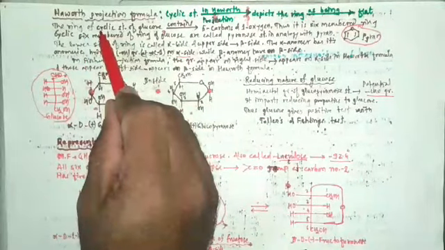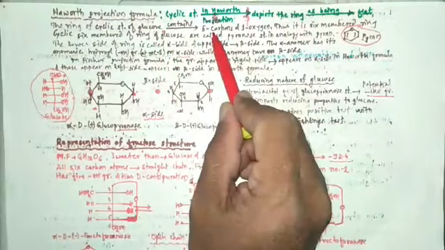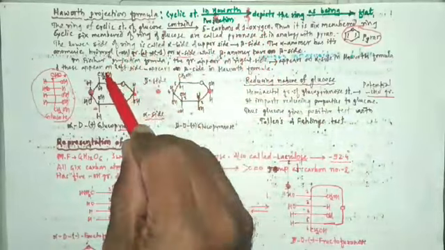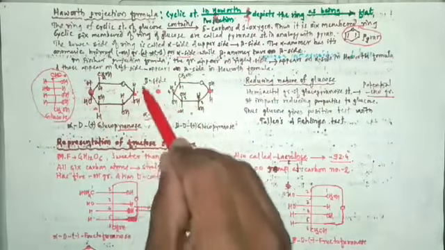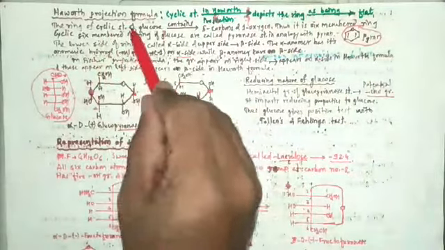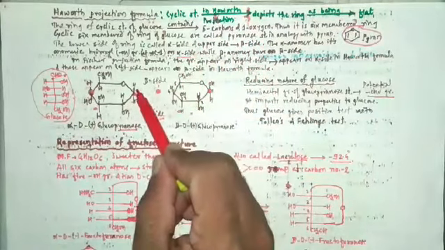The ring of the cyclic structure of glucose contains 5 carbon atoms and 1 oxygen atom.